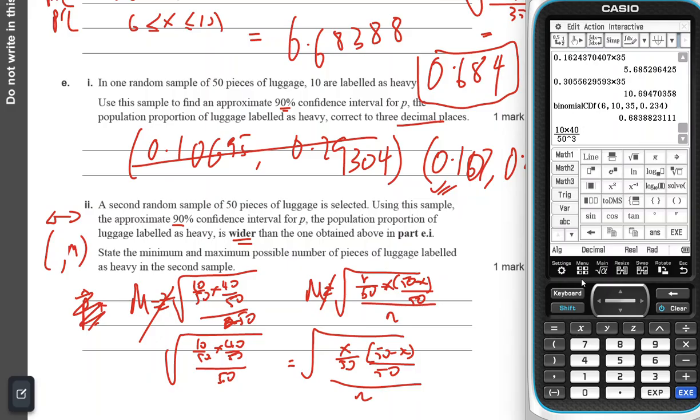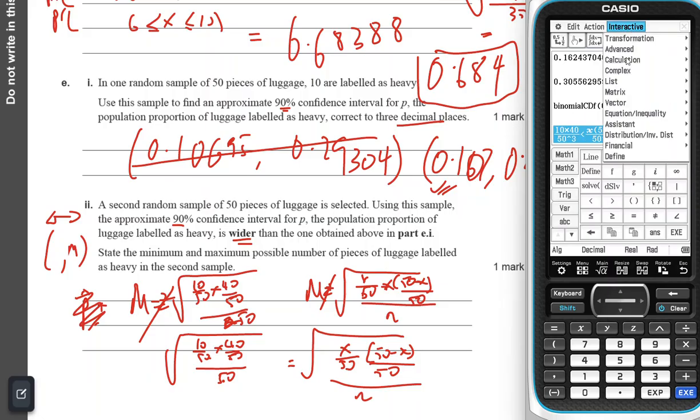It's got to be smaller than, in a fraction, I've got x bracket 50 minus x, and that's going to be 50 squared times x, which is our n value, and I want to solve for x.